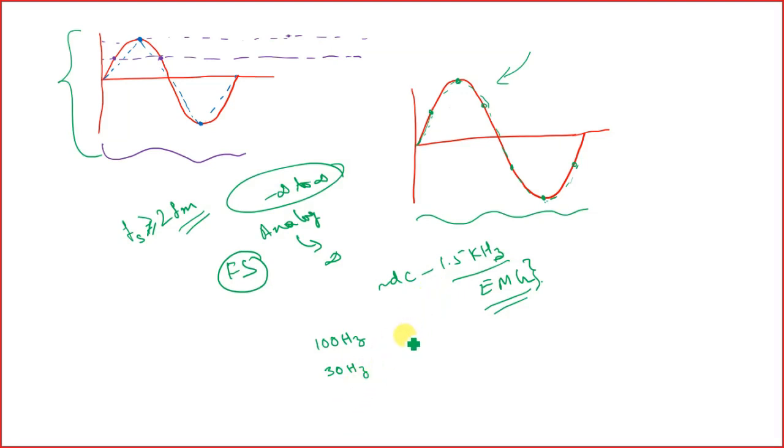If you talk about EEG, electroencephalograms, which are also regarded as brain signals, they have frequency components up to say 30 to 40 hertz. It depends upon which book you follow. In some books you will find 30 hertz, in some 40 hertz. So we will restrict ourselves to 40 hertz.